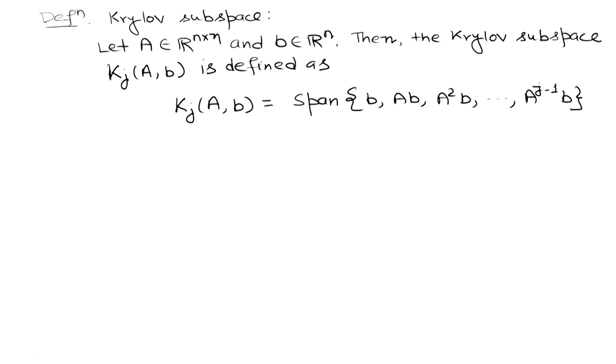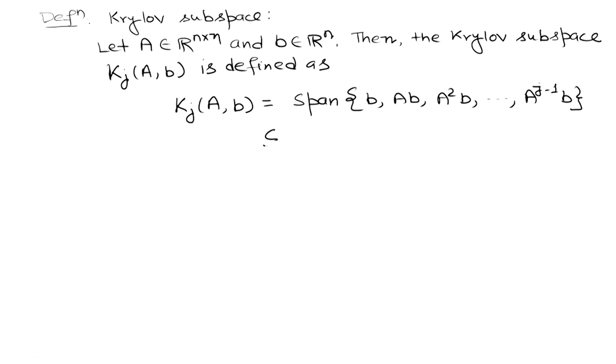It means the jth Krylov subspace of A and B is the linear span of the vectors B, AB, A squared B, and in this way up to A raised to power j minus 1 into B.